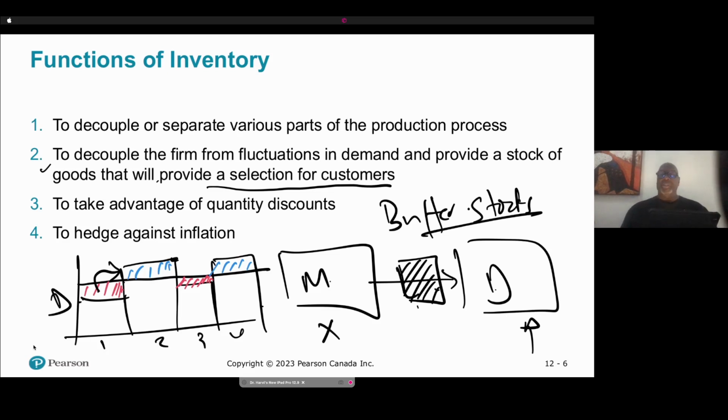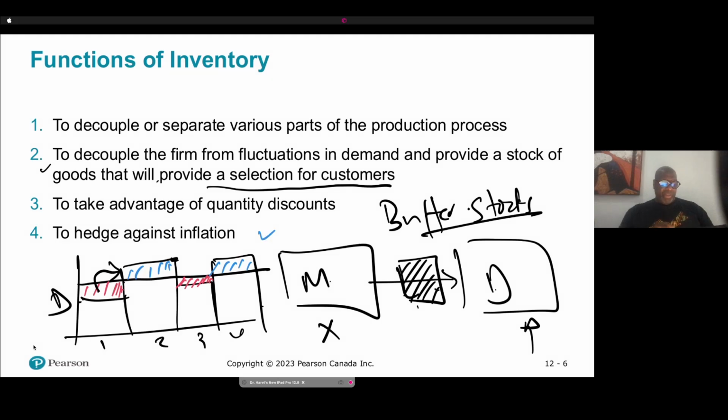However, if the manufacturer says, if you order 1,000, I will give you a 10% discount on the price of each item, you want to save that 10% because if you then turn around and sell the goods, that 10% accrues to you, the retailer. So you say, okay, I'll take 1,000, but you only need 500 in that particular month. Therefore, you're going to have to carry 500 units of inventory for the next period. So sometimes in taking advantage of quantity discounts, you could end up carrying inventory.